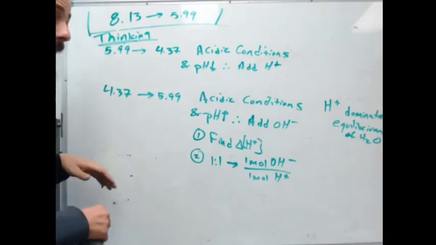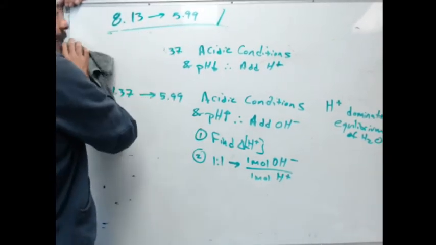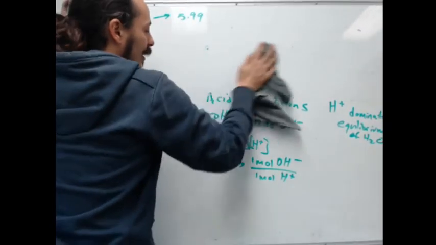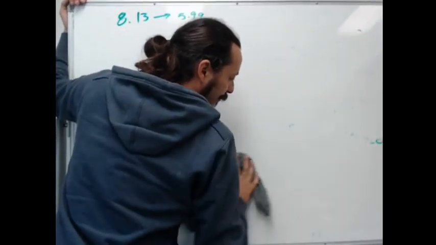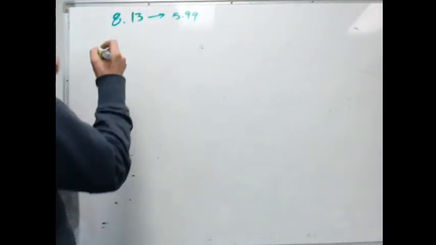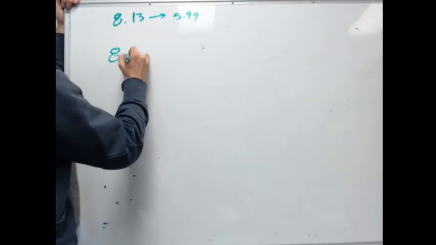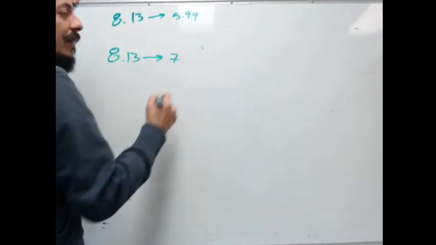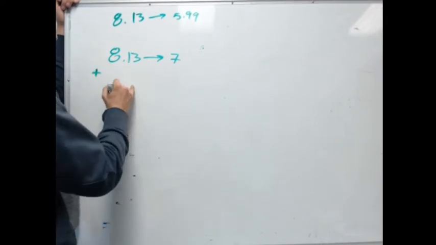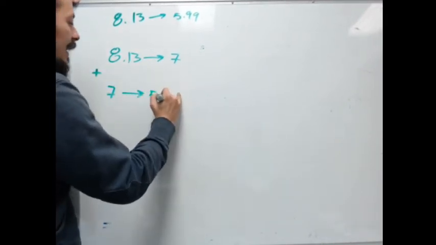And this is a trick. What we're doing is a trick. Are you ready for the trick? Yeah. So you said the right thing earlier. So what we have to do in order to do this is we have to recognize that we are going from 8.13 to 7, my basic conditions, plus 7 for 5.99.